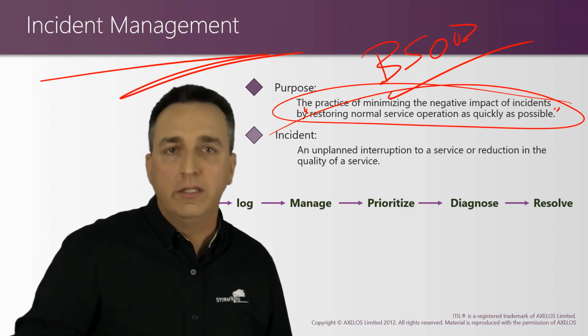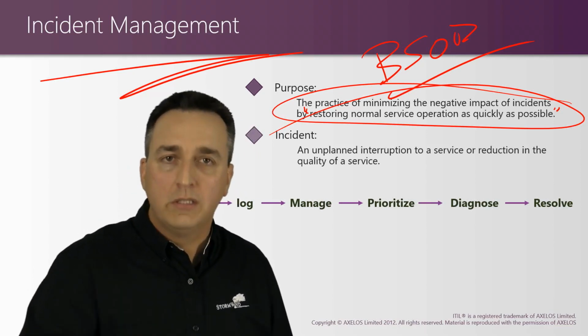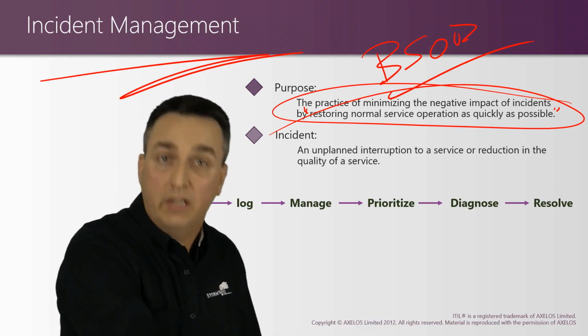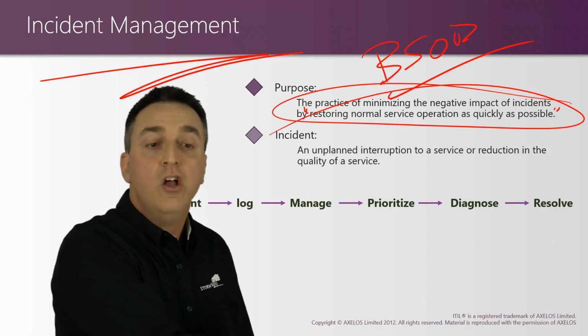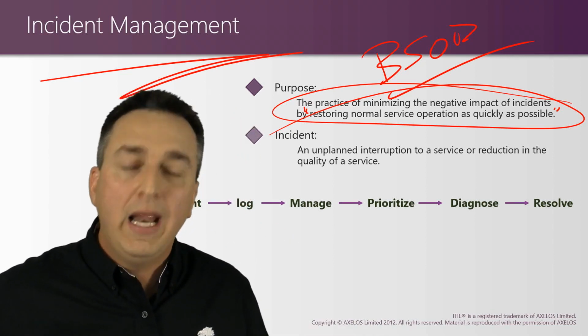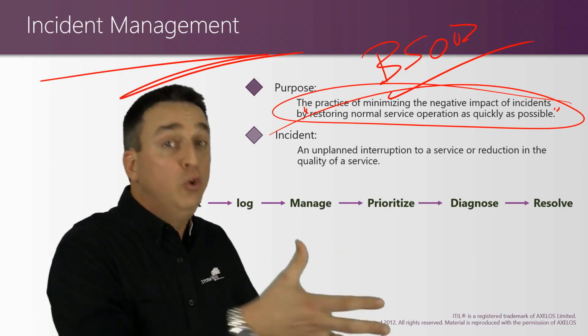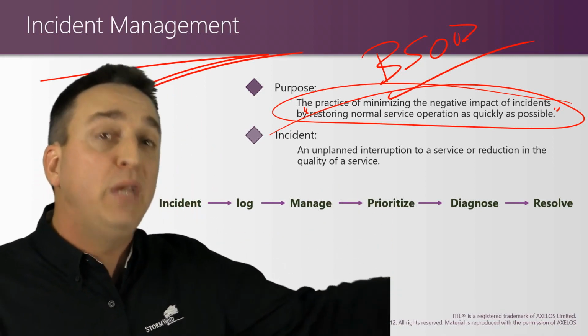Now, not all incidents you can resolve without solving a problem. So for those incidents that can't be resolved without solving the problem, you've got to escalate it to the right teams, right group, so they can solve the problem as quickly and as efficiently as they possibly can, so then the incident gets resolved. But anytime you can resolve an incident without having to solve a problem, you want to take advantage of that and deal with the problem after the fact, behind the scenes.